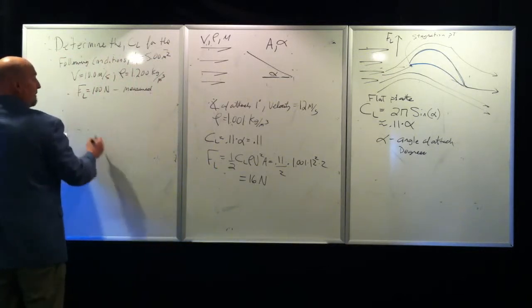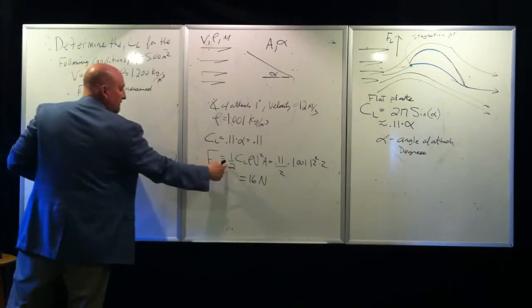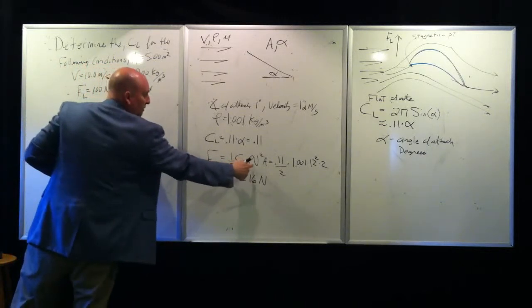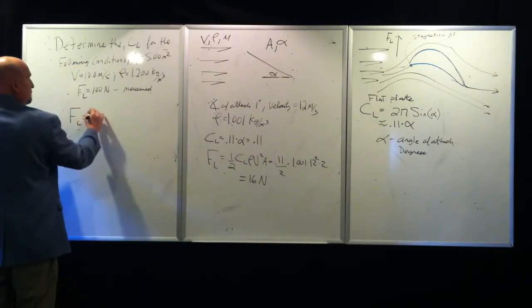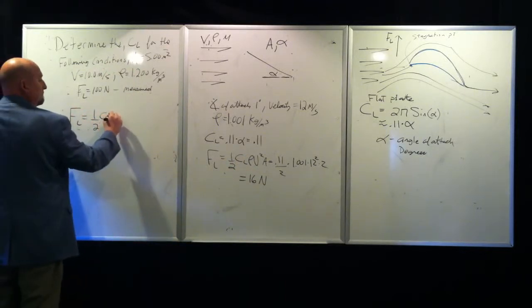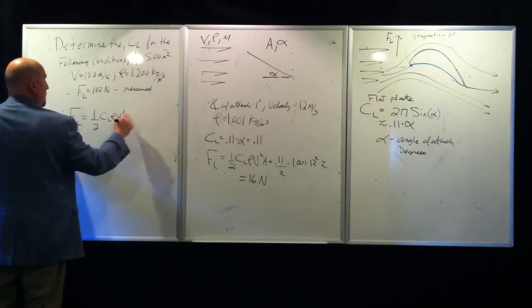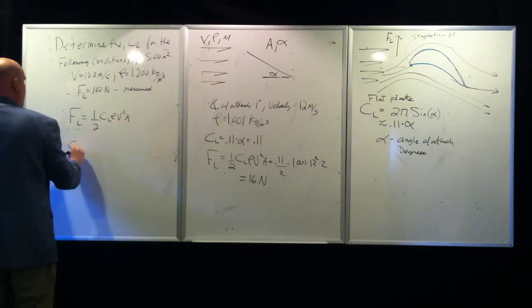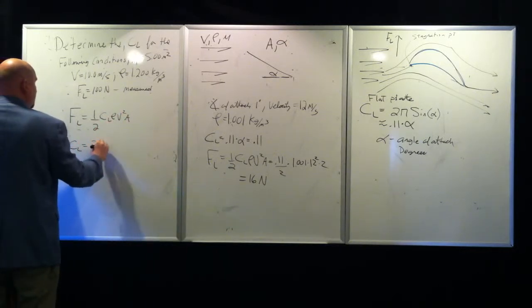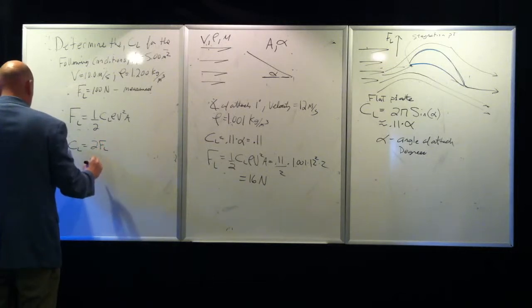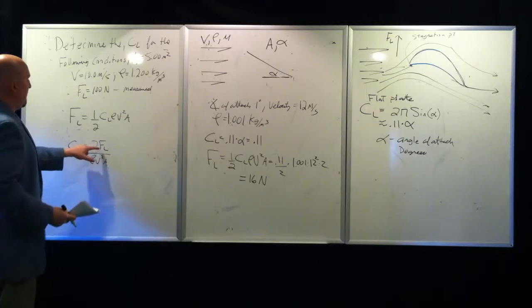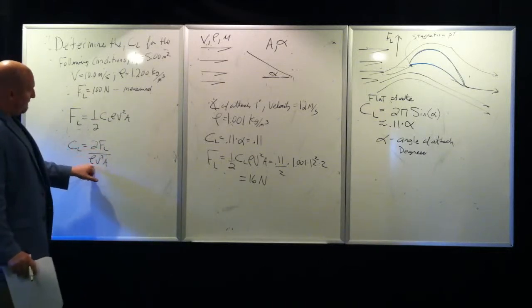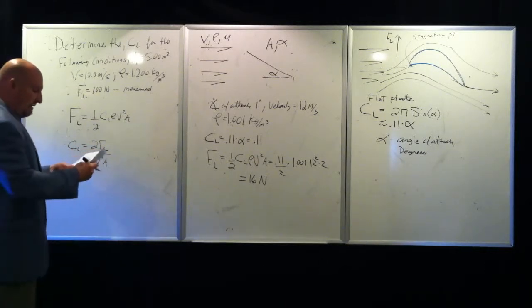So, using this formula, force of lift equals 1/2 coefficient of lift rho v squared A, you can solve this algebraically for coefficient of lift. So it's 2 times the force of lift divided by the quantity of the density, the velocity squared, and the area.